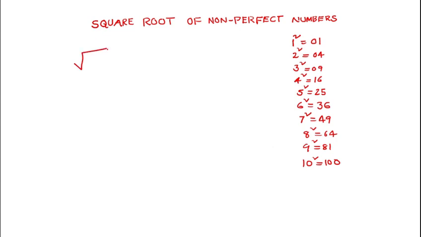Okay, next is the square root of 65. Friends, 65 is in between 64 and 81, so I will take the nearest value, 64. I can write 65 as 64 plus 1. Square root of 64 becomes 8, plus, write 1 as it is, divided by 8 into 2, which is 16.